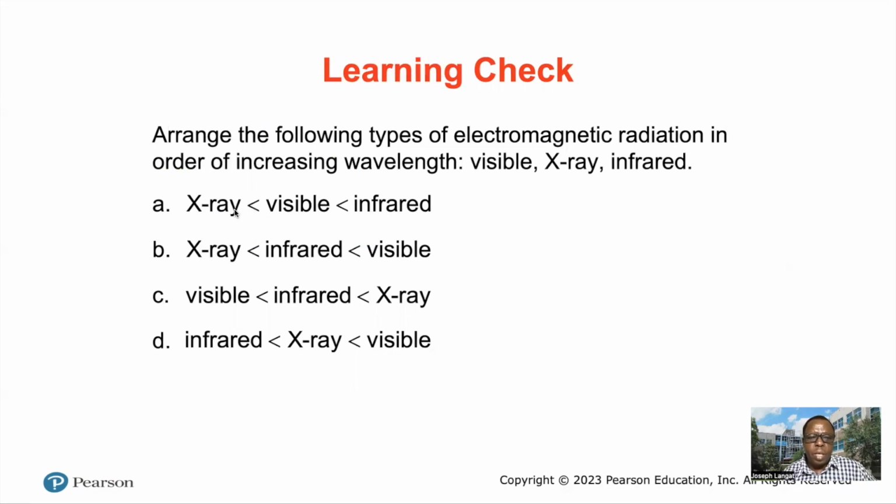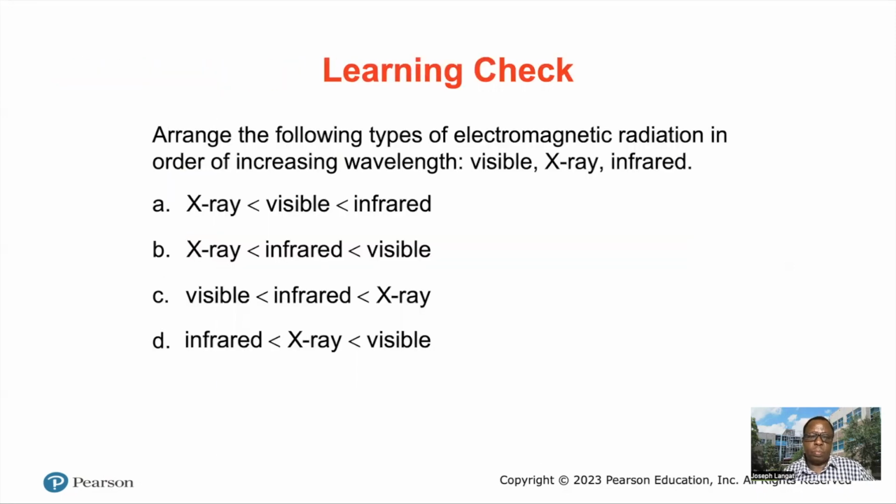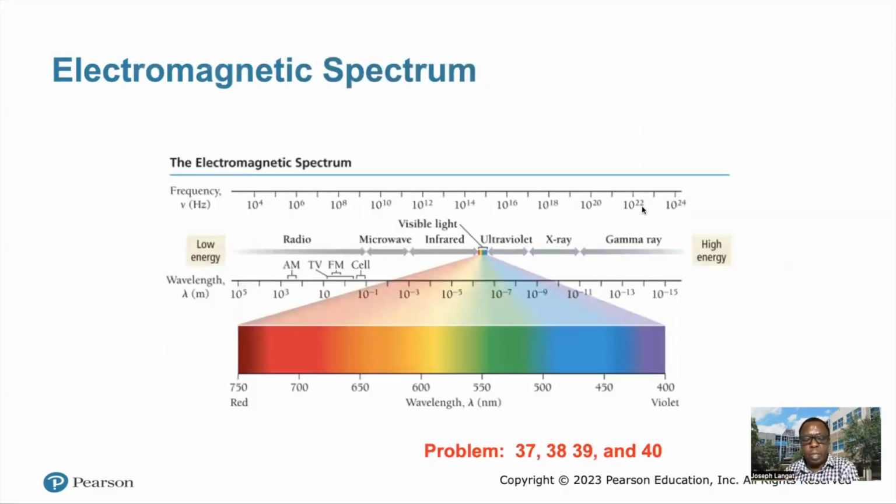You have to look at where they are on this slide here. Remember, increasing wavelength means going from right to left on this, from right to left, because the wavelength is increasing.